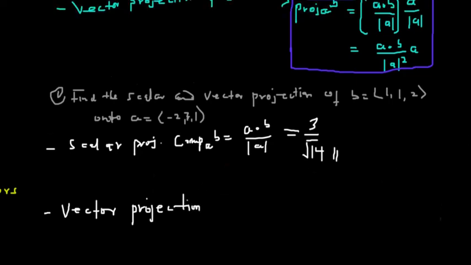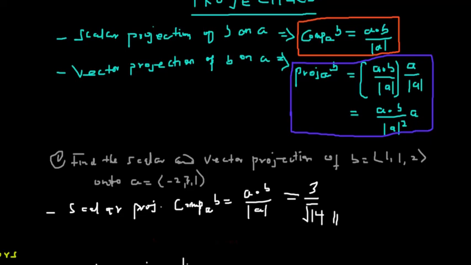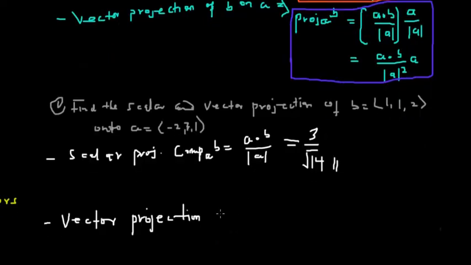Okay, we have this formula. So we just keep it. So we have our proj with a subscript and a superscript, to be equal to, let's keep this formula. So you have A dot B divided by length of A squared. Okay, and then you have A.